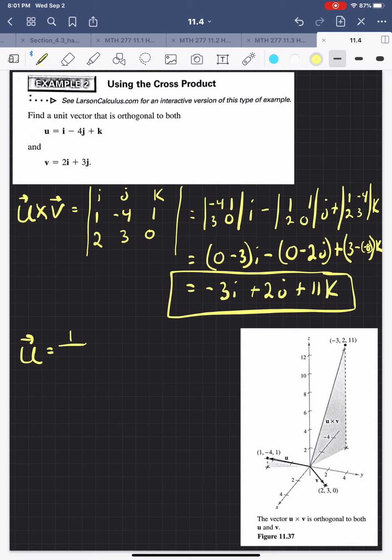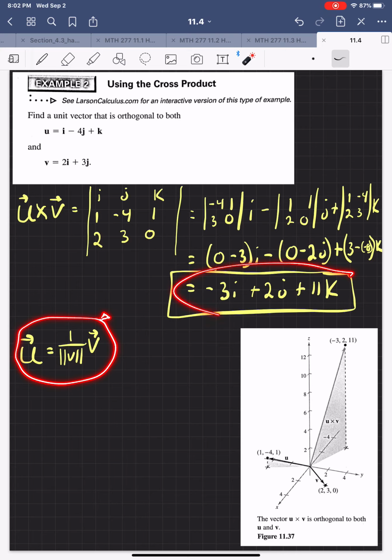And we do that by, let me just write it really quickly. This was the formula when you're trying to find a unit vector in the direction of v. Only now, instead of having v, what we're going to have is u cross v. So, all right, let's make sure we understand.